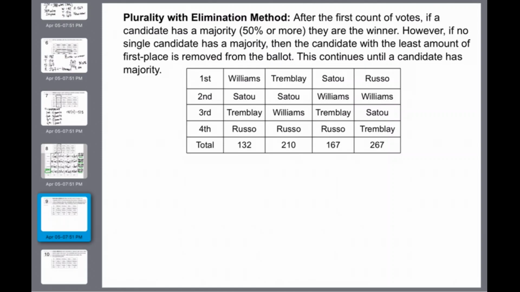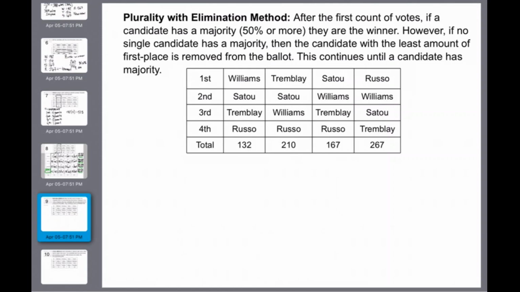For example, if we have our preference ballot, we look at our first place votes like we have done in the past. If a candidate has 50% or more, they've got a majority, and they're the winner.